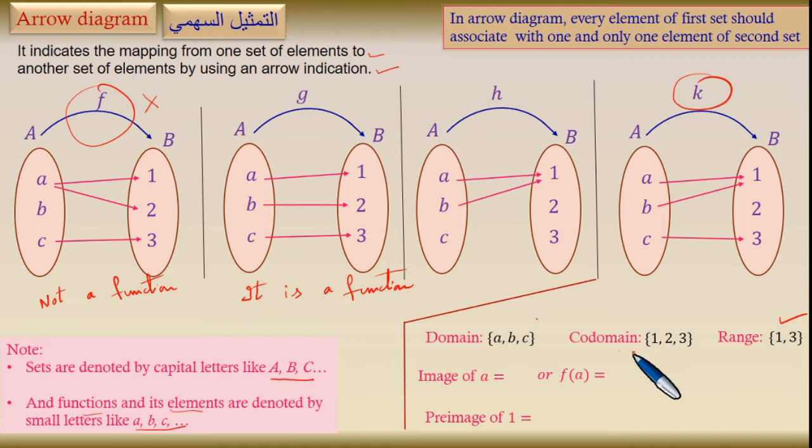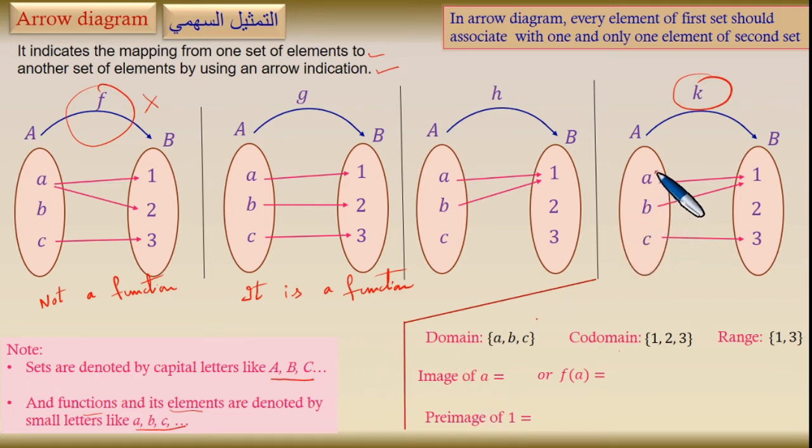Is it clear? Codomain is all possible values, meaning all the elements of set B, whereas range is only the output values. I hope codomain and range are clear for you. Now you see the image. Just go back and you can see it.